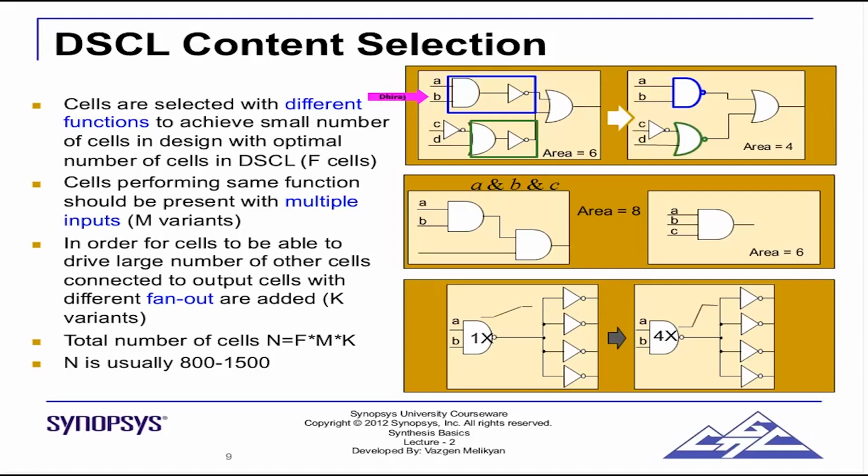Now, in order for cells to be able to drive a large number of other cells connected, let's say you have multiple fan-out here. A cell is driving n number of outputs. A basic cell will not have that much drive strength to drive so many outputs. We will see how that affects timing or transition in later slides.